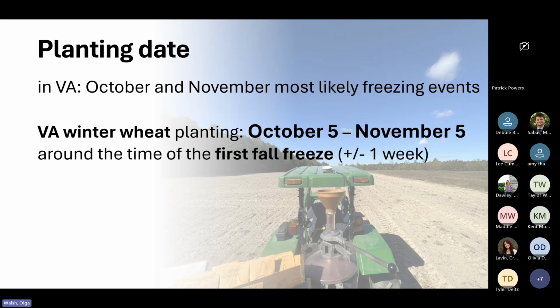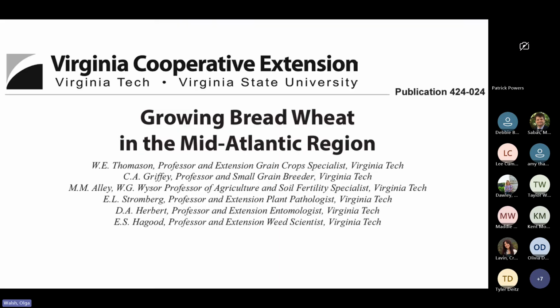And we know that our growing conditions are very changeable from year to year. But basically the freeze events are what we need to be focusing on. And there's this very nice publication that summarizes growing wheat in the Mid-Atlantic region.